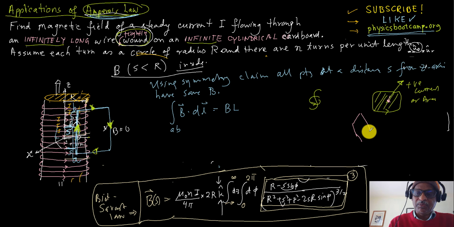For instance, if I show you an oriented loop like this in space, then you may be able to see it better.